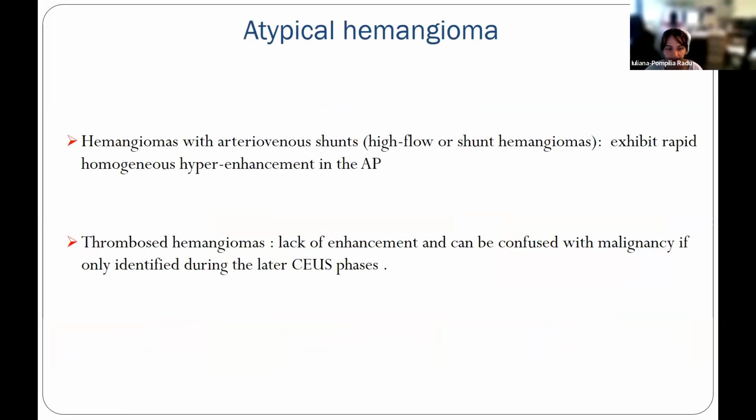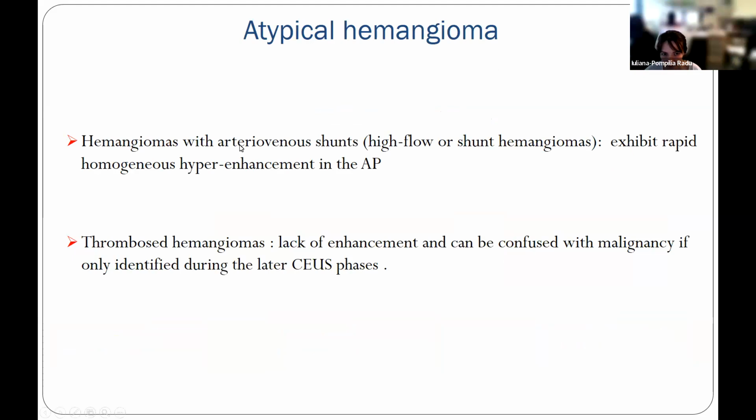Of course, as always in medicine, we have also atypical hemangiomas. And for me, this is the hemangioma that we have to bear in mind. It is with arteriovenous shunts. It's a high flow hemangioma. In this hemangioma, we'll have a very rapid hyper enhancement, and sometimes we can have a slight washout.